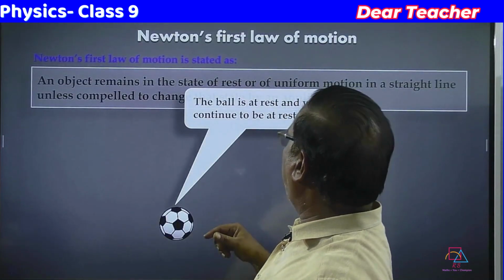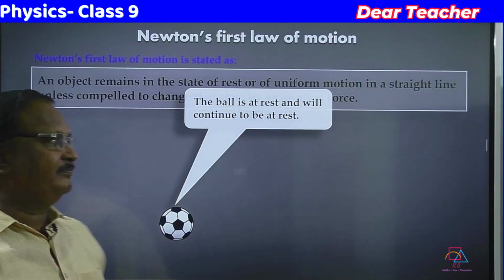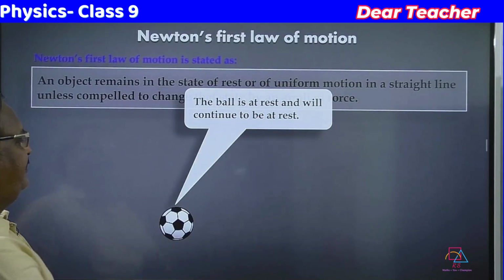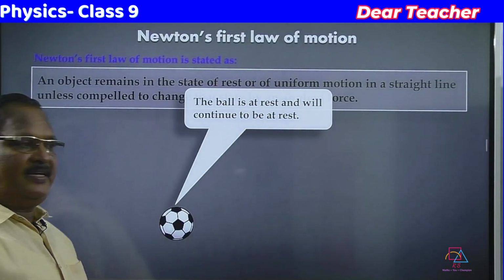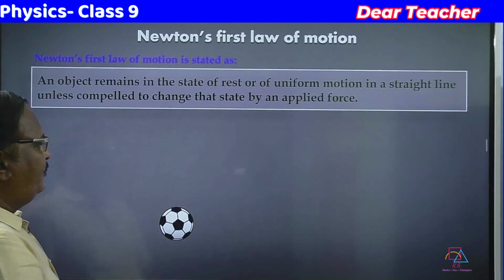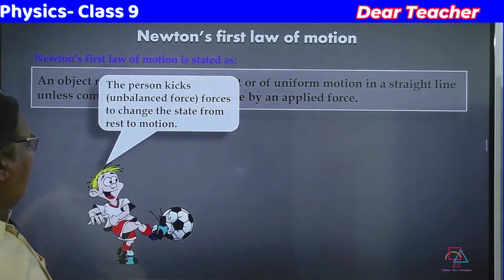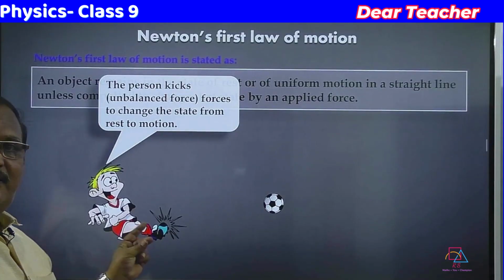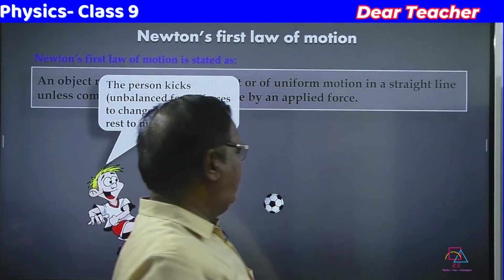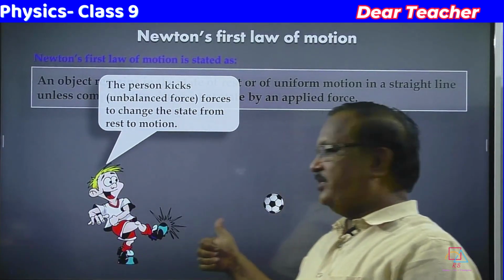So the ball is at rest. It continues, it remains at rest. But if an external force comes and kicks, what happened? The ball changes its position and it comes into motion.